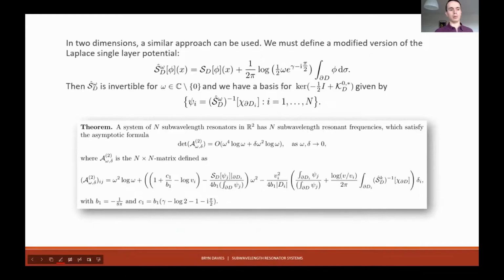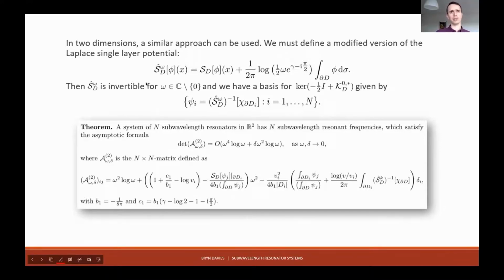Just briefly before we move on to doing some applications, we can also apply a similar analysis in 2 dimensions. Here, the picture is slightly complicated by the fact that the Helmholtz-Green's function has a logarithmic singularity at 0 frequency. And on top of this, the Laplace single layer potential is, of course, not generally invertible in 2 dimensions.